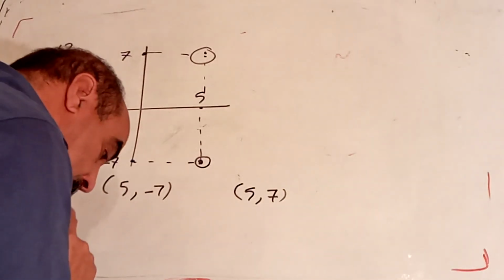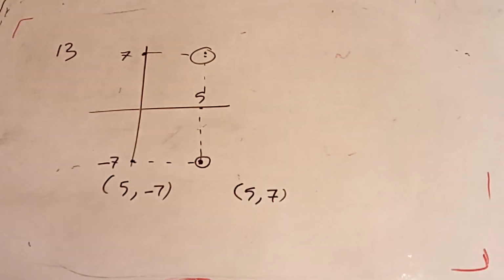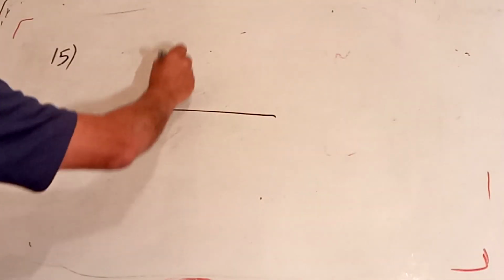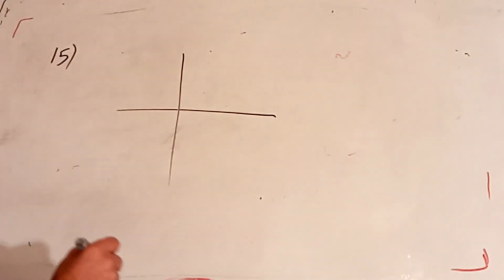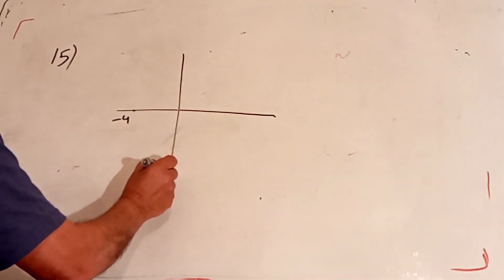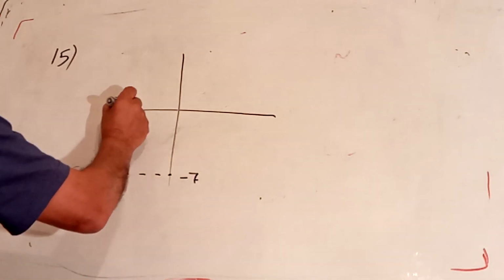Let me do number 15. Okay, minus 4 minus 7. Number 15, minus 4 minus 7. This is minus 4. This is minus 7. So this is the point minus 4 and minus 7.